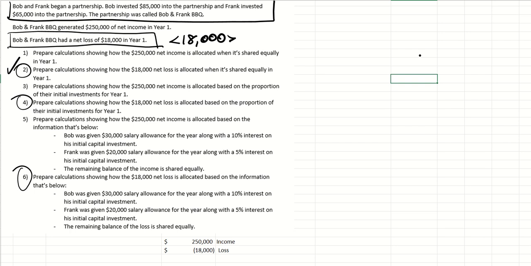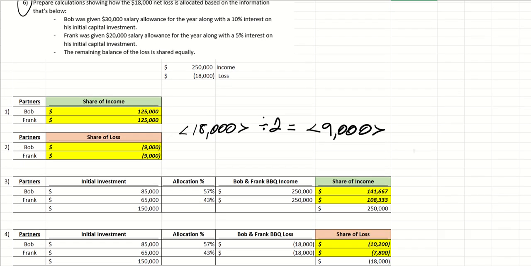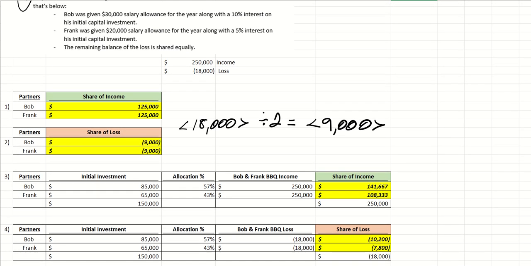Number 4, prepare calculations showing how the $18,000 net loss is allocated based on the proportion of their initial investments for year 1. We already did number 2. For number 4, the initial investment from Bob was $85,000. Frank was $65,000. When you total those together, you get $150,000.